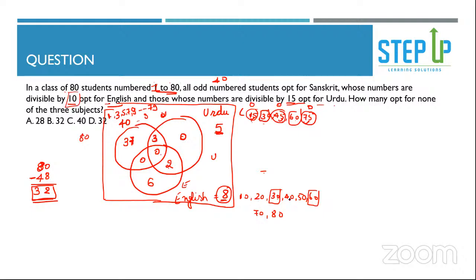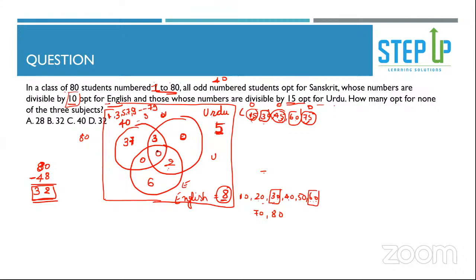So 10, 20, 30, 40, 50, 60, 70, 80. One minute, I'm coming to that. 30 and 60 are divisible by 15 and divisible by 10. So that's why 2 will come here. So we need 5 people for Urdu. So 3 and 2. It means that 0 people will be knowing only Urdu. 0 people would be knowing all the 3.